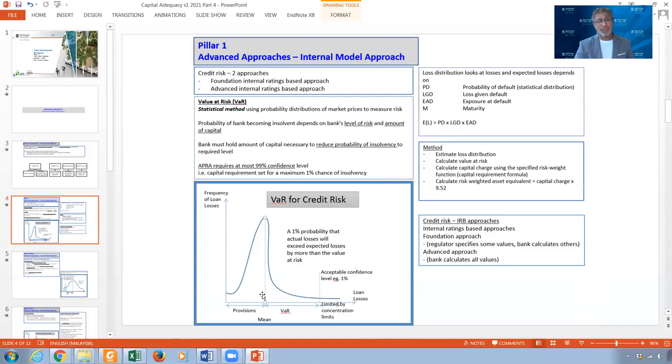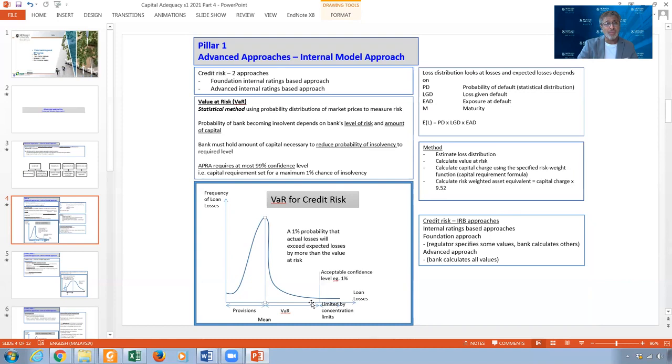For example, if the calculation shows you the VAR from here to here is 13% or 10%, this is the capital you need. If this is 5%, then this should be 10%. This is how it works.